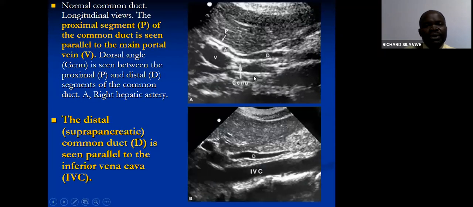So the one we are talking about is this junction here, which looks like a bend, where we have the distal common bile duct here, then we have the proximal common bile duct here. Here we have the hepatic artery, and here we have the portal vein, just posterior to the common bile duct.